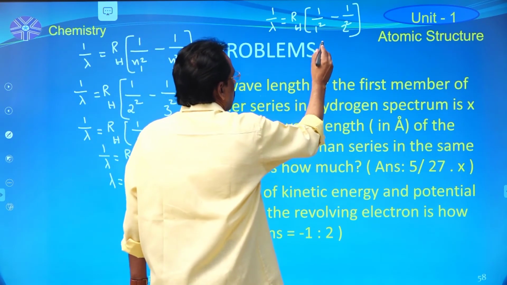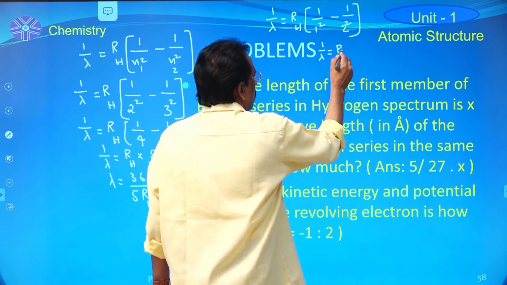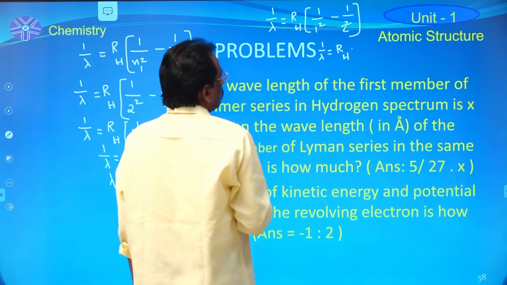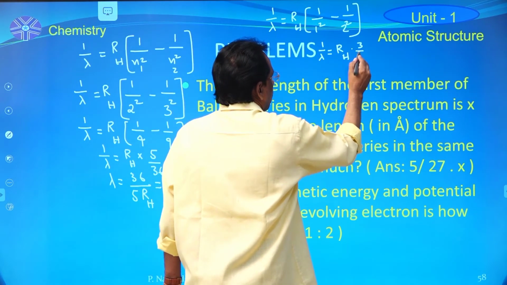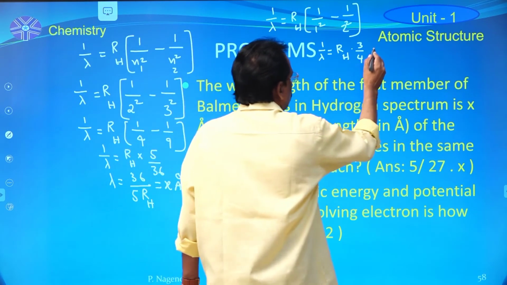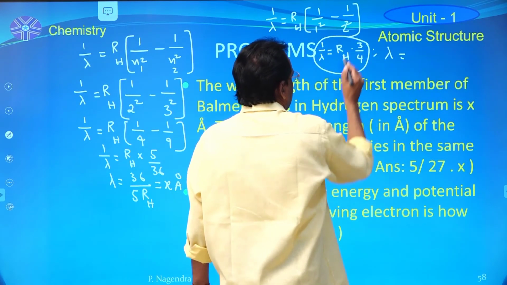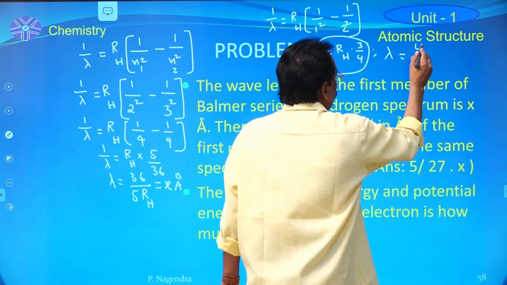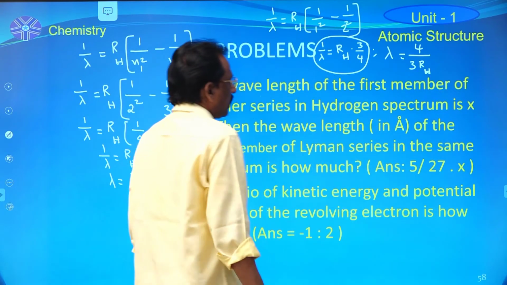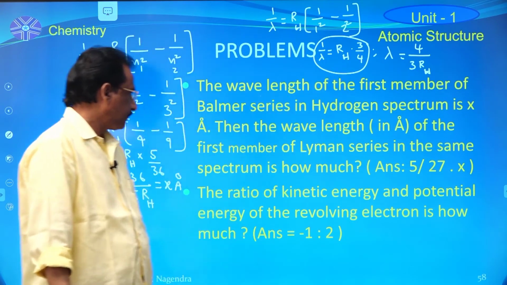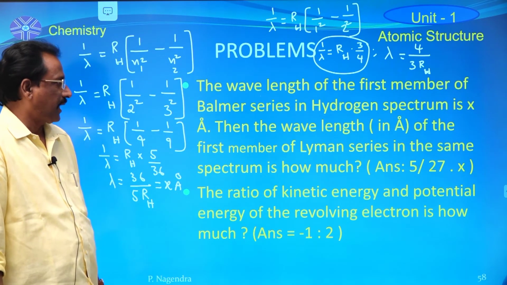So 1 by lambda is equal to RH into 1 minus 1 by 4, that means 3 by 4. From this, lambda is equal to 4 divided by 3 into RH. So this can be expressed in terms of X.